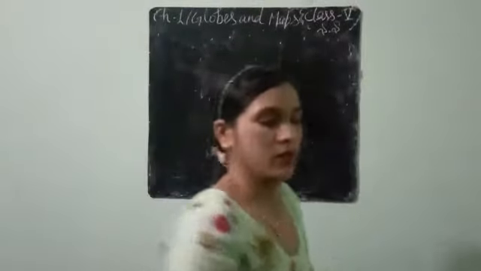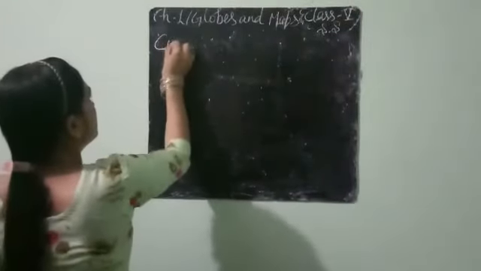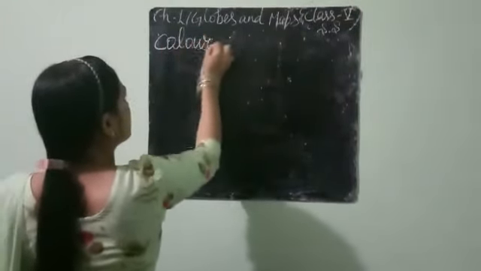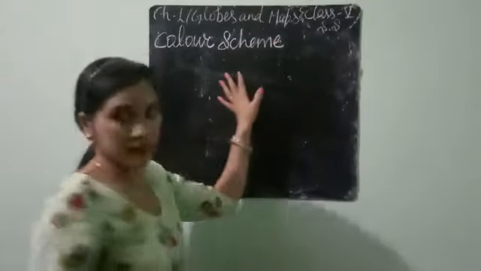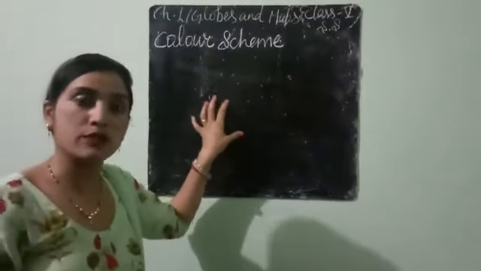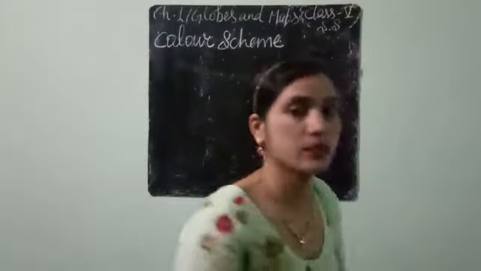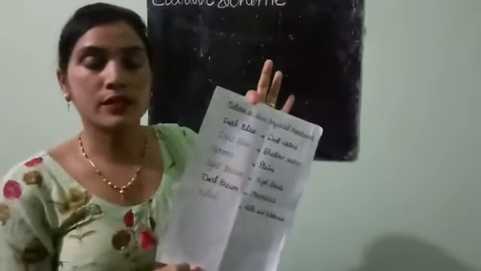The next, or third, component of our map is the color scheme. It is very easy. Here we use some colors to show particular features. See this paper. Here some names of the colors are given that are used to show some particular features.